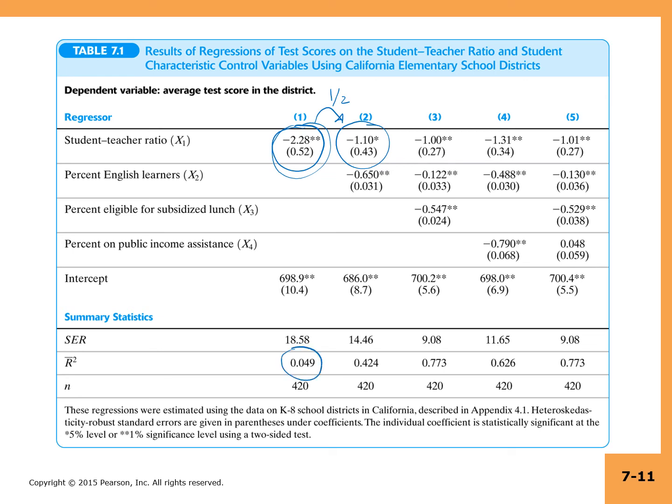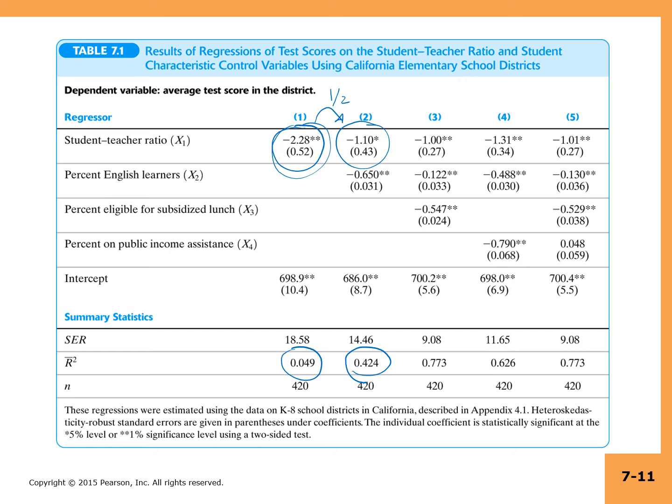The adjusted R-squared for this very simple model with only student-teacher ratio is 0.05, whereas once you include the percentage of English learners, the R-squared increases significantly to 0.42.